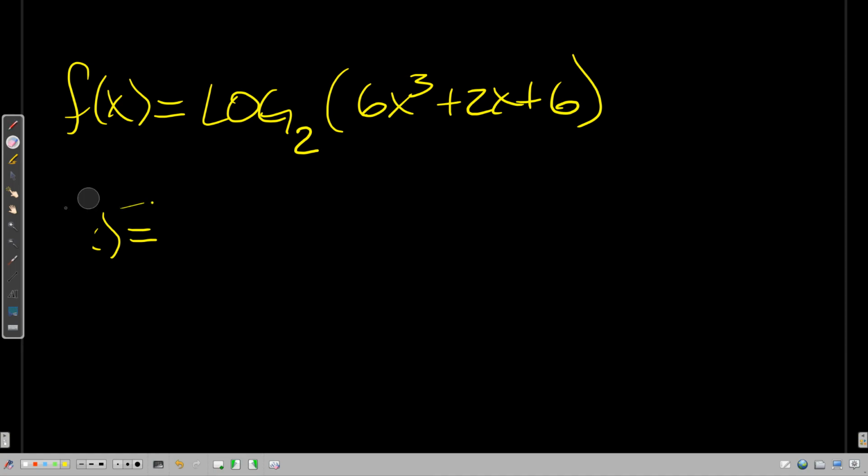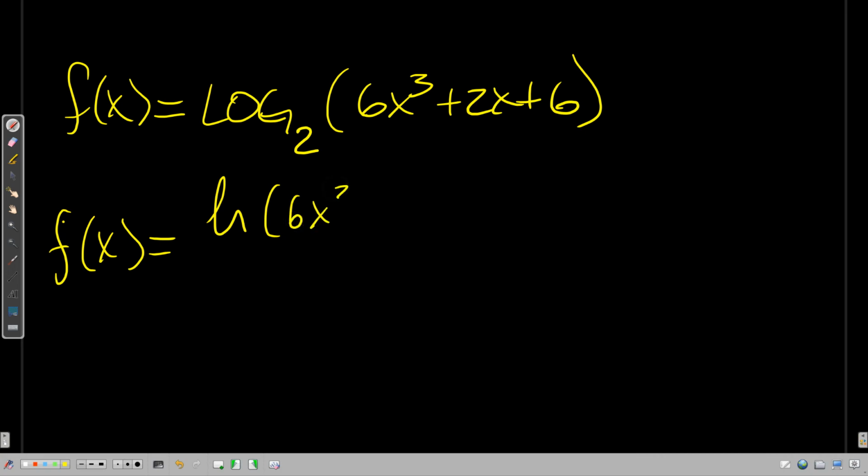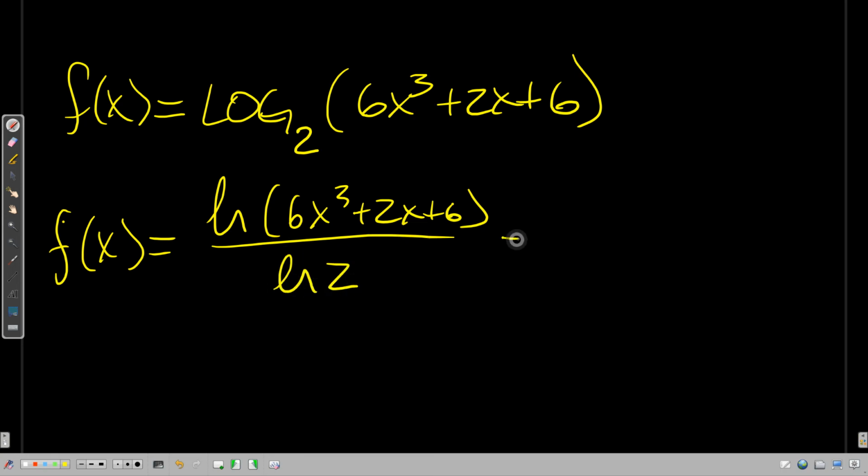F prime, well, let's rewrite f first. If we just know this change of base formula, it makes it to where we're not having to remember a new derivative rule. The change of base formula is something that you need to know for other stuff anyways, so you might as well have it. It's the natural log of 6x cubed plus 2x plus 6 over the natural log of 2.